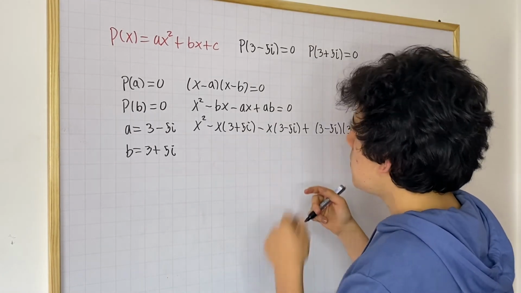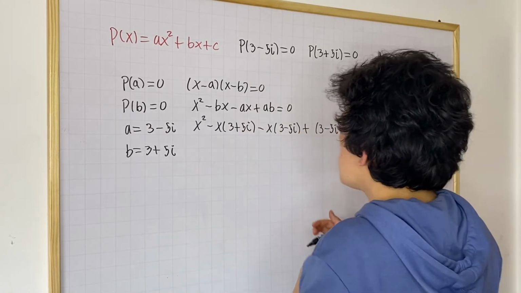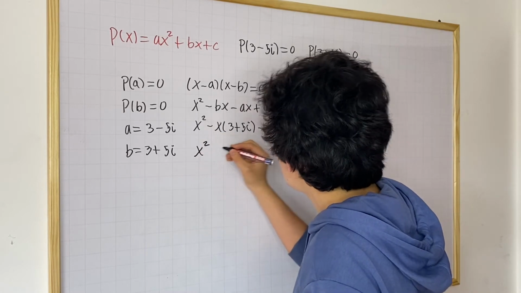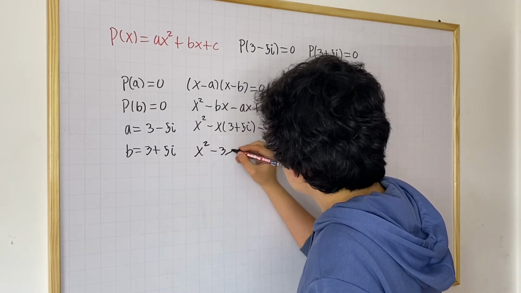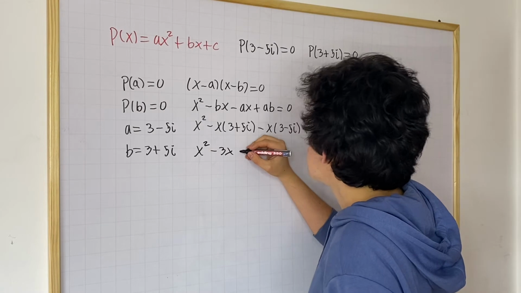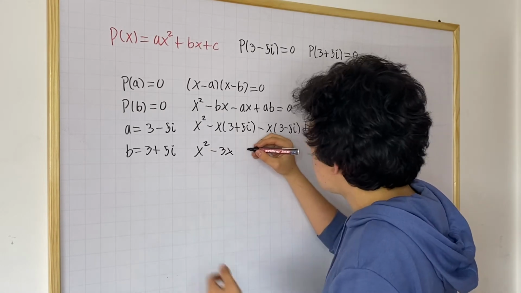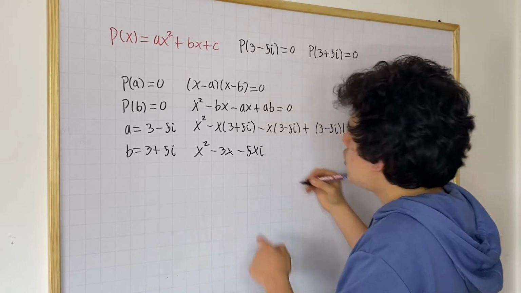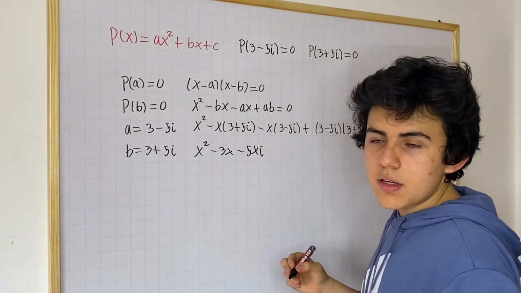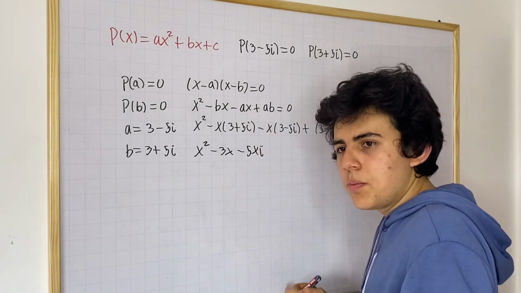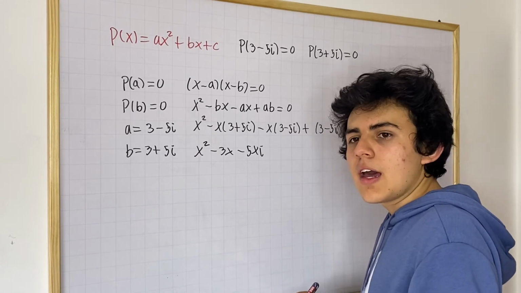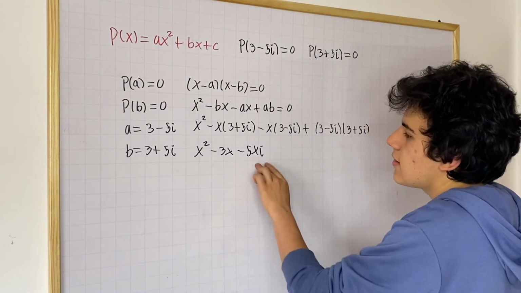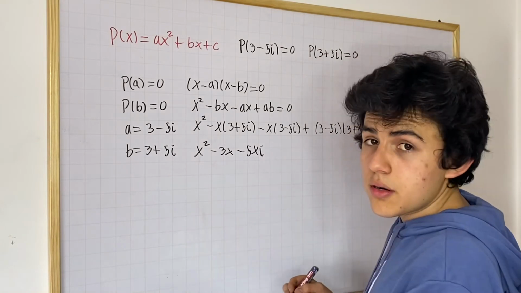So now let's complete this equation. So what should we get from here? We're gonna get x squared minus 3x minus 5xi. You should place the x before the i because you remember you place last the terms that have a lower degree, or in this case the complex numbers or the imaginary part.